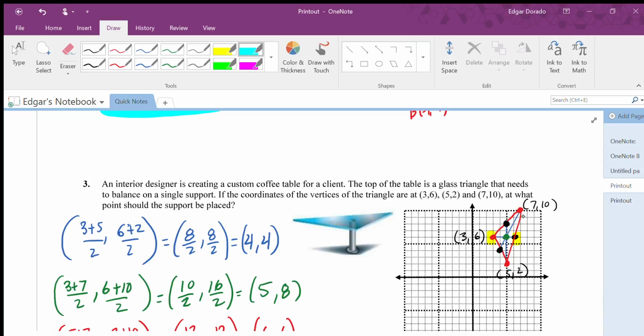Same thing with the other vertex, and same thing with the last vertex. Then draw straight lines through those, and you'll notice that there is a specific point at the intersection of all three of those medians, and that is called our centroid, our support, the very center of our triangle.